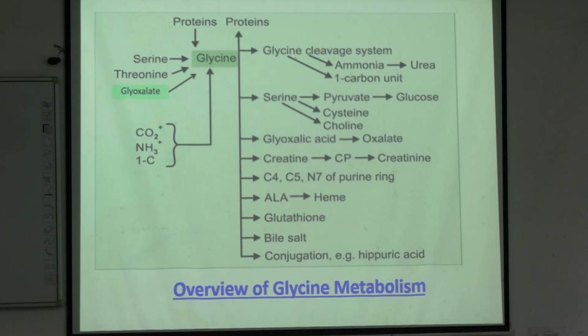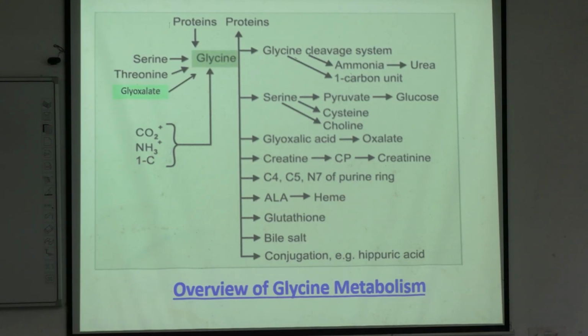Bile salt: bile acids are produced from cholesterol. Bile acids are cholic acid and chenodeoxycholic acid. When they are produced as salts, like sodium glycocholate, sodium taurocholate or sodium chenodeoxycholate, then they are called bile salts. Bile salts will be told to you in detail during the bile salt practical.